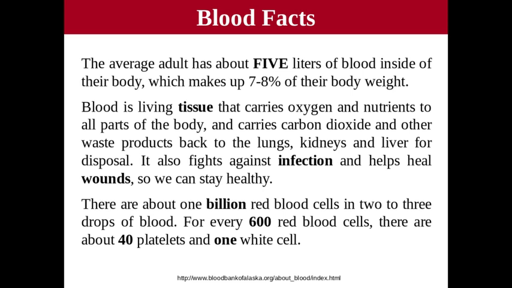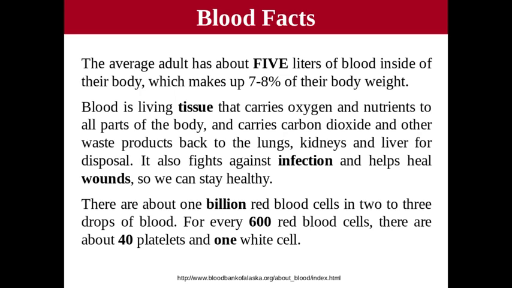Some facts about blood. The average adult has about 5 liters of blood inside their body, which makes up about 7 to 8% of their body weight. Blood is actually a living tissue, and it carries oxygen and nutrients to all parts of the body. It carries carbon dioxide and other waste products back to the lungs, kidneys, and liver for disposal.